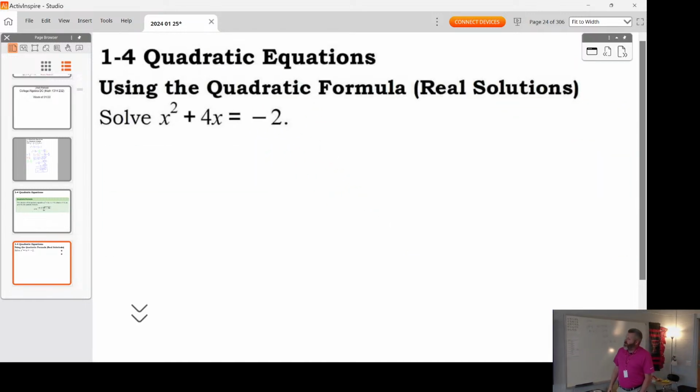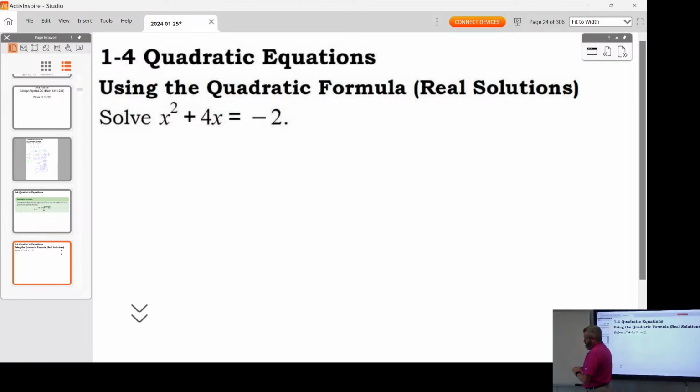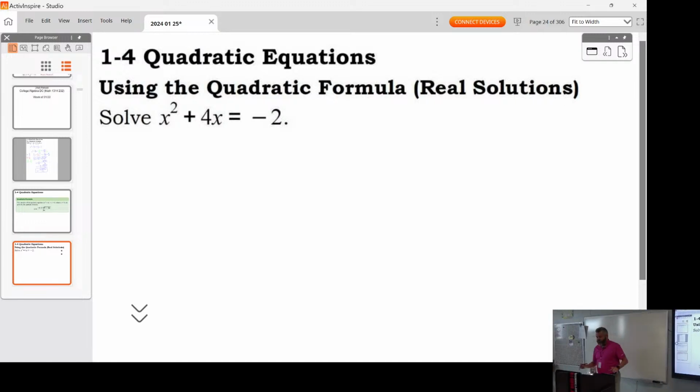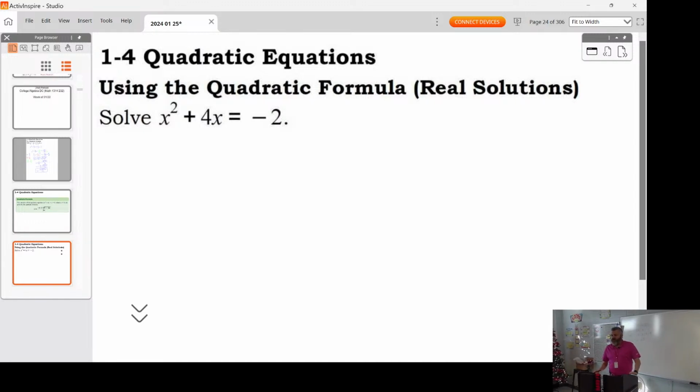Use the quadratic formula. This problem is going to have real solutions. We're going to use the quadratic formula to solve this problem. X squared plus 4x equals negative 2. What type of quadratics can you use the quadratic formula on? All of them.